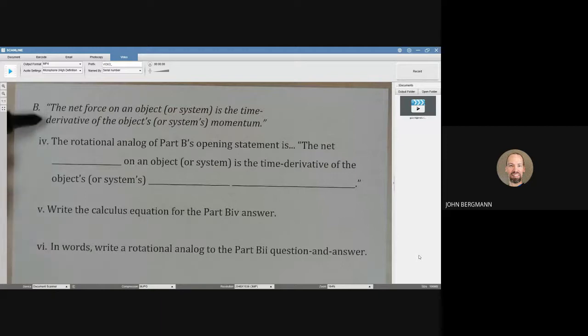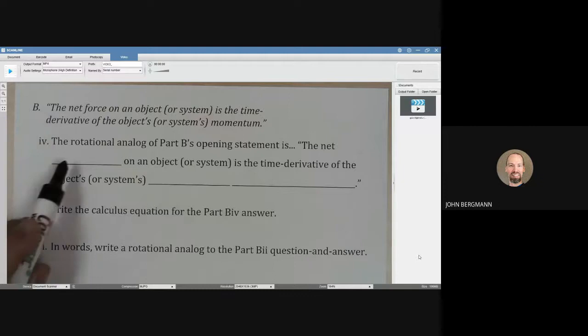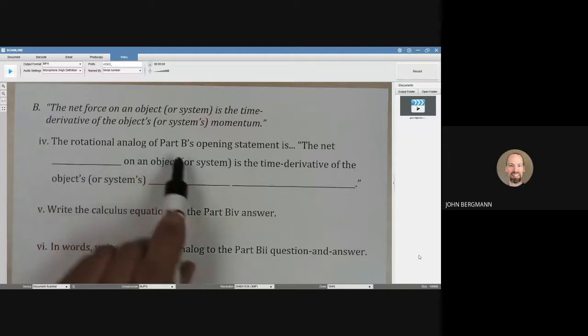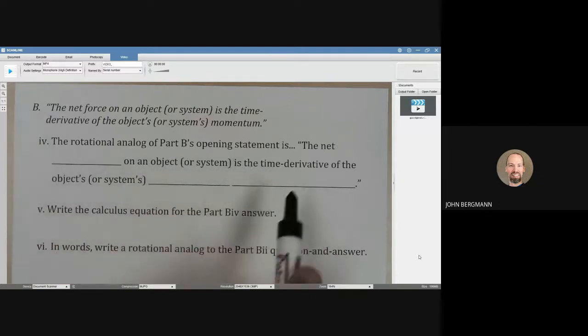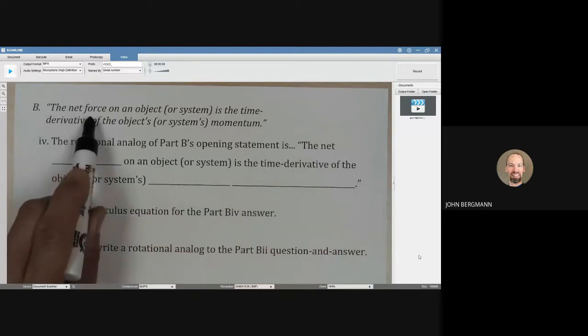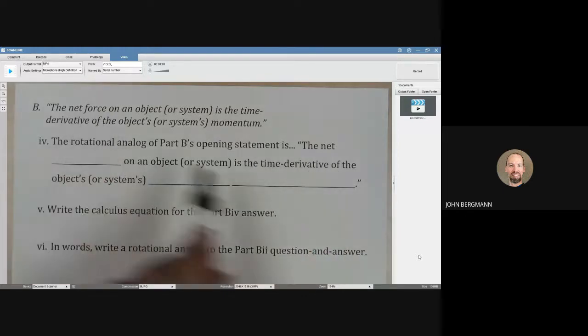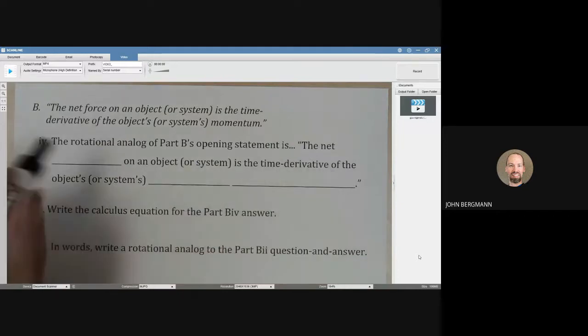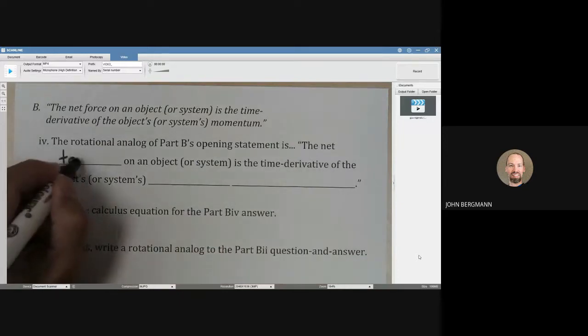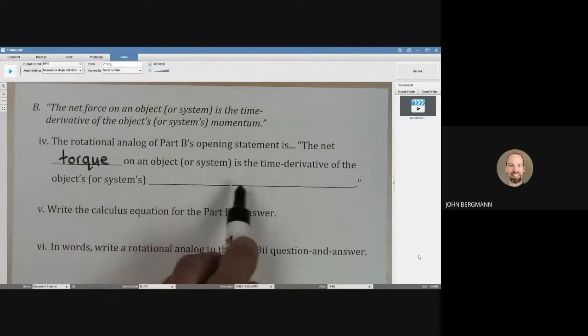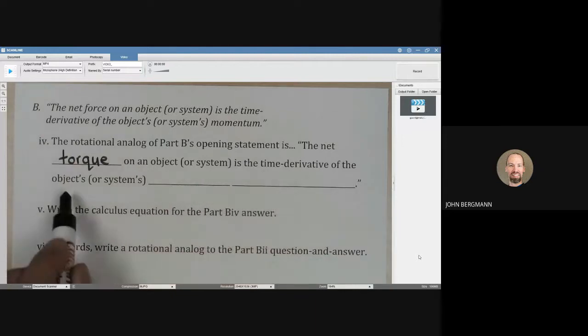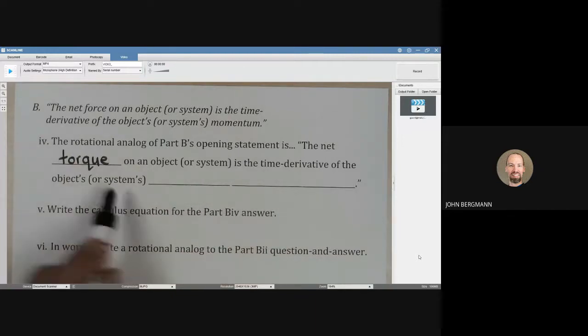I just recopied this statement here at the top from the previous page. The rotational analog of Part B's opening statement is what? Well, here is Part B's opening statement. The net force. What's the rotational analog of that? Well, that would be the net torque on an object or system is the time derivative of the object's or system's angular momentum.